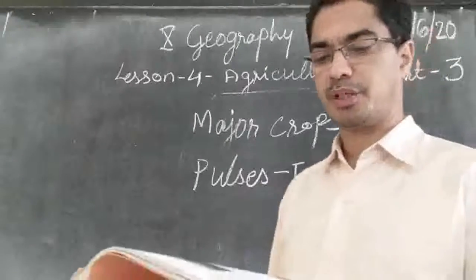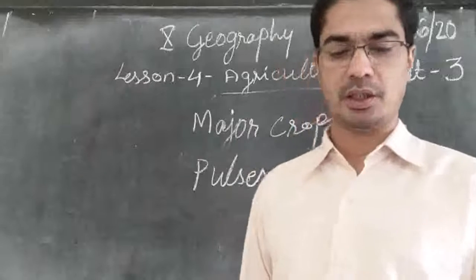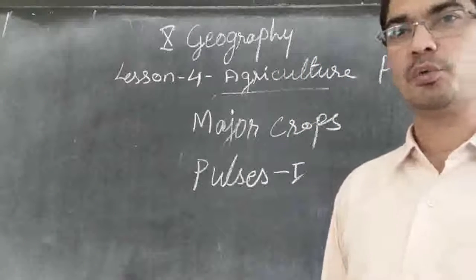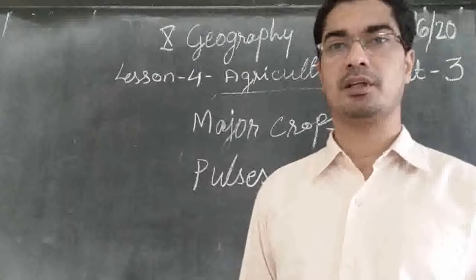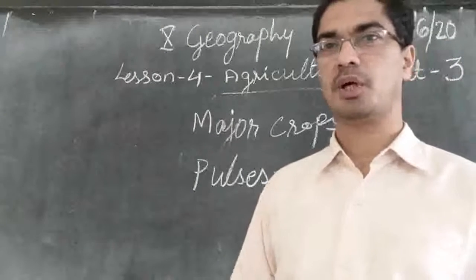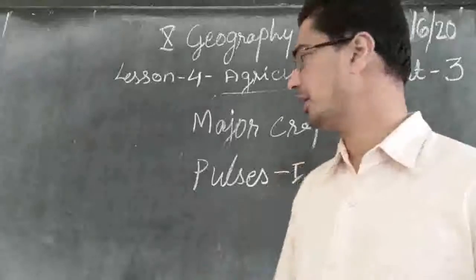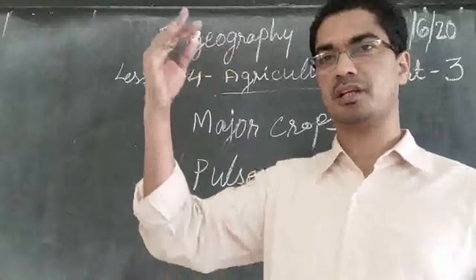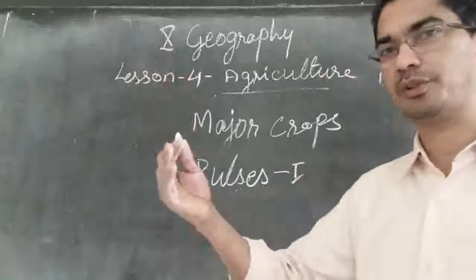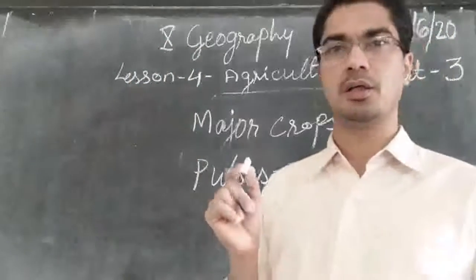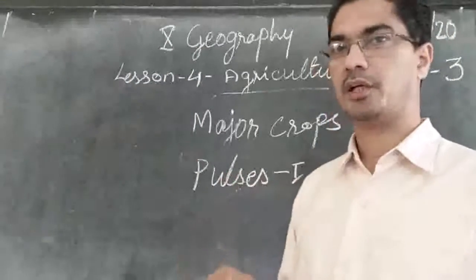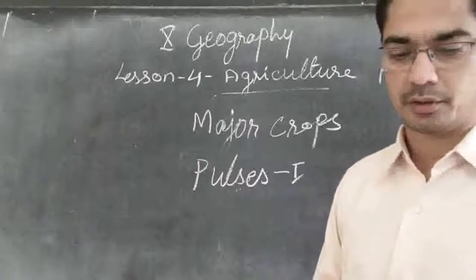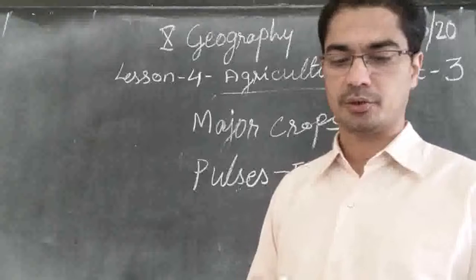And these are the major source of protein in a vegetarian diet. So if people who are eating only vegetarian meals want to get protein, then they have to eat these pulses. People who are eating meat, fish, egg and so on will be getting protein from other sources. But people who eat only vegetarian food, and if they want to get a lot of vitamins and proteins, what they have to do?